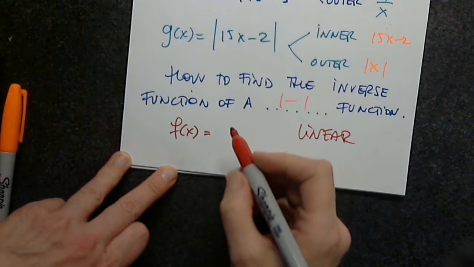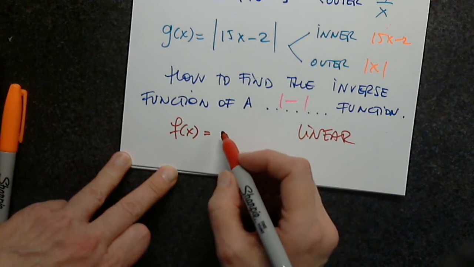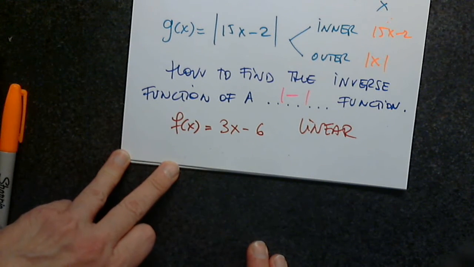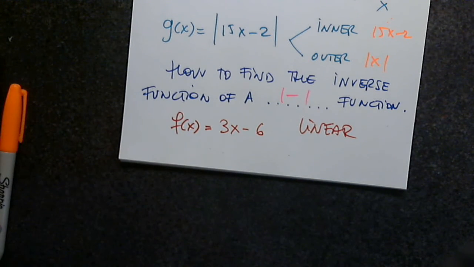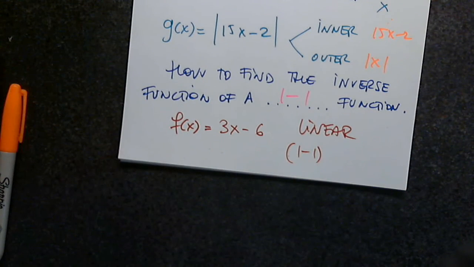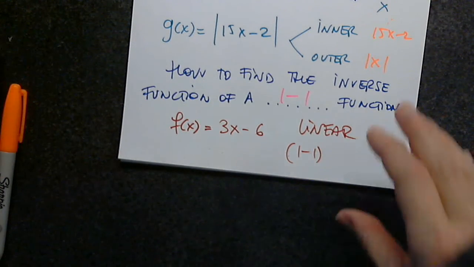Any linear function. What about 3x minus 6? Is that okay? Is this a linear function? Is it one-to-one? Yes, of course. It is one-to-one. All linear functions are one-to-one. Does it have an inverse function?